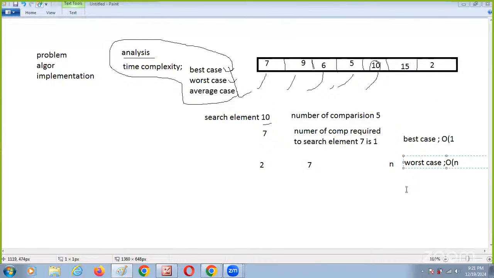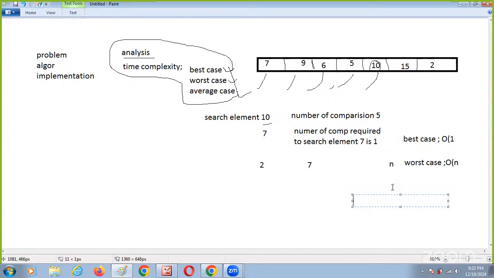Similarly, the average case. Average means maybe the element is found at the first position, or second, third, fourth, fifth, sixth position. If you sum up all those, you get 1 plus 2 plus 3 and so on.